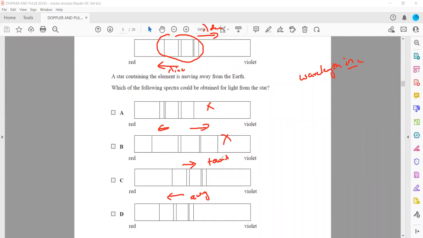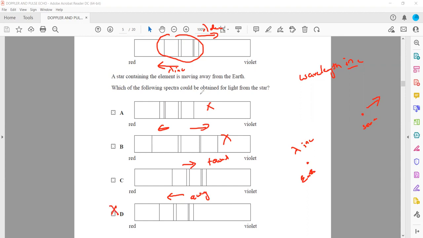In the Doppler effect, when a source is there and on Earth we are observing, like any star or galaxy, if this source or star is moving away from us, the wavelength we receive will be longer, so the whole pattern will shift towards the longer, red side. That's why D should be the right answer.